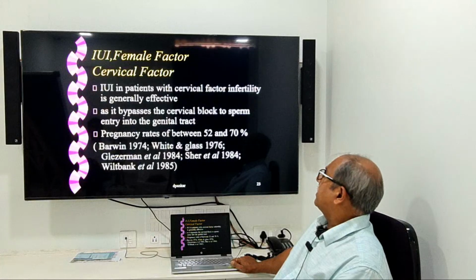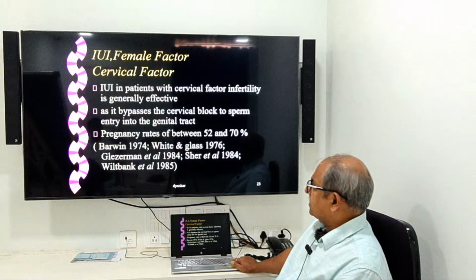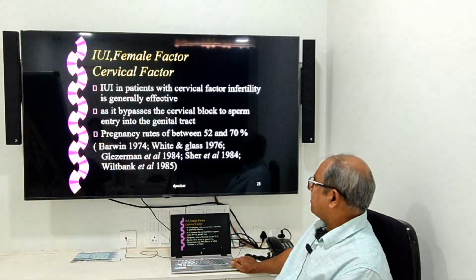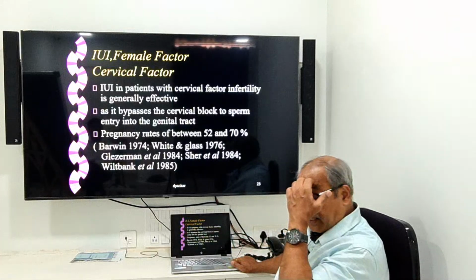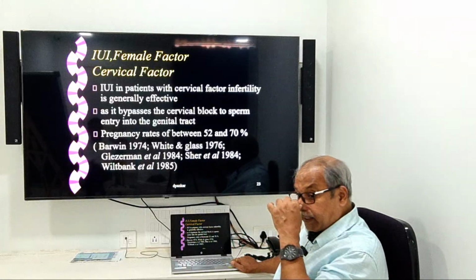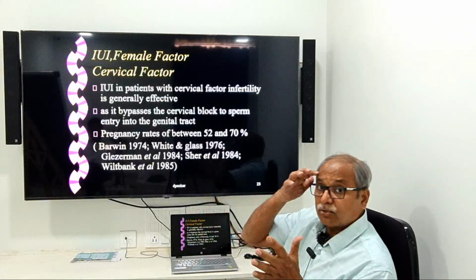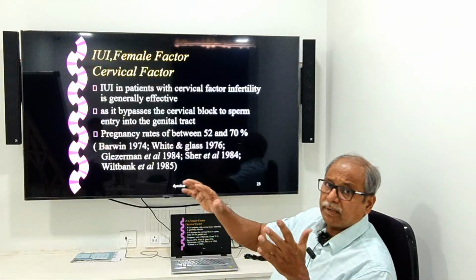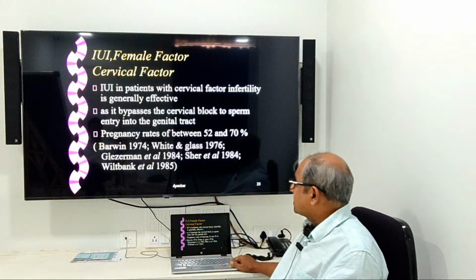IUI in a patient with cervical factor infertility is generally effective as it bypasses the cervical block. Pregnancy rate is 50 to 70%, as written in these references, but there are multiple factors involved. The overall pregnancy rate per attempt is 11 to 12%.